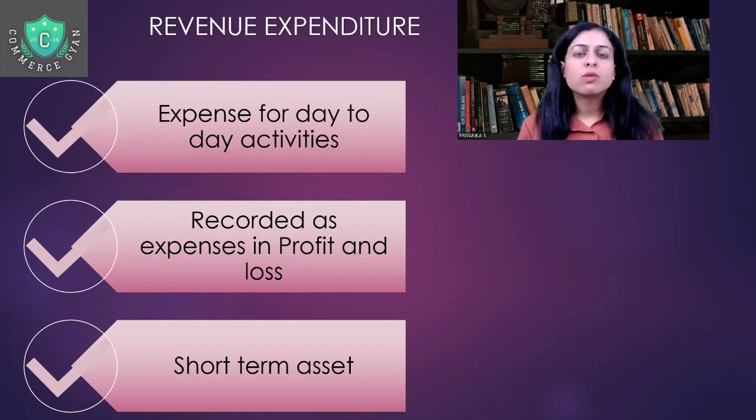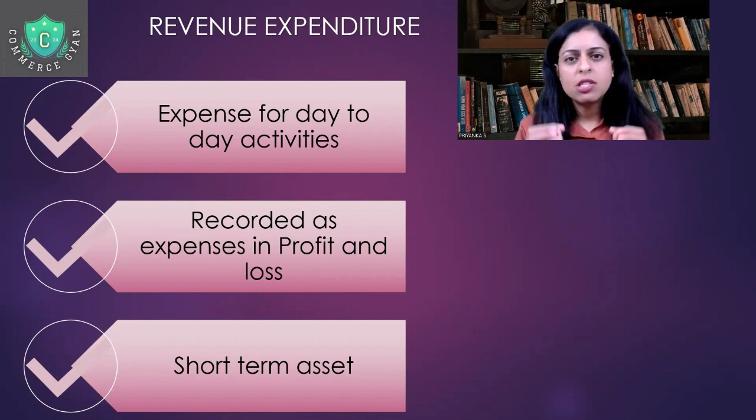And so when the expenditure is giving the business benefits for a short duration, it will be considered as a revenue expenditure. As I gave you all these examples: salary, wages, conveyance, transport, it could be advertisement, and so on, right? And another important thing is this is not considered as an asset, it is written as an expenditure, as it is giving me the benefit only for a short duration. And what is this short duration? That short duration is just 1 year's time.